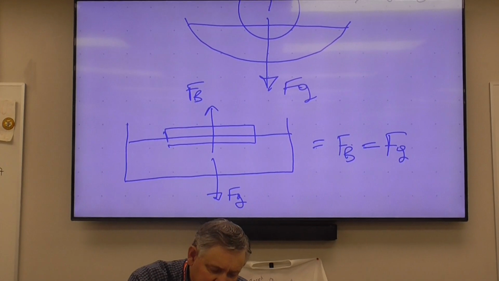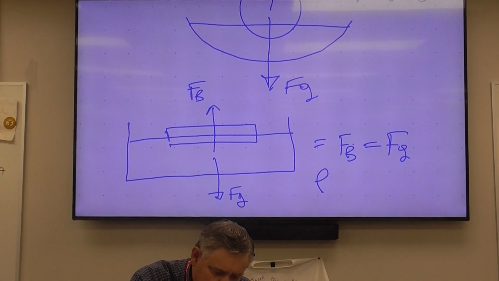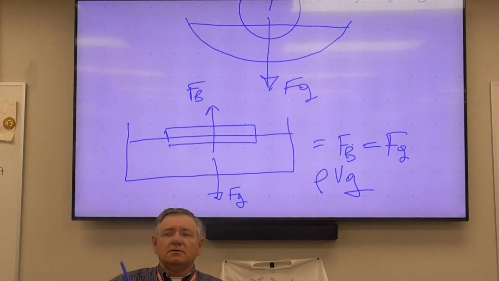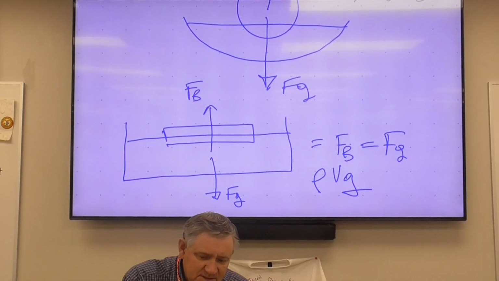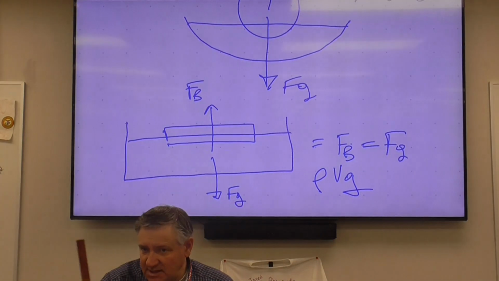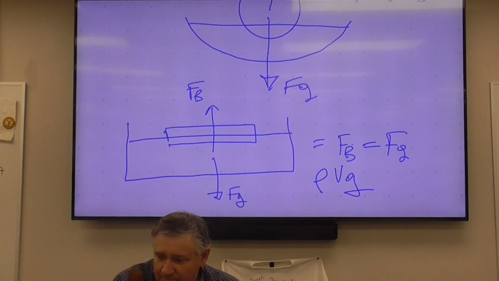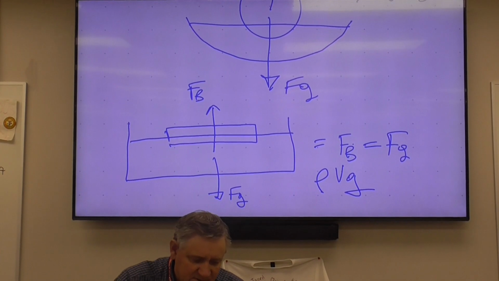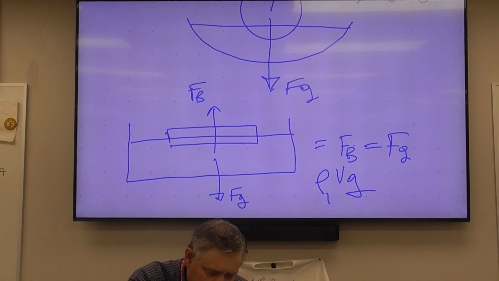Now, the buoyancy force is going to be rho V g. On the buoyancy side, do I use the density of the wood or do I use the density of water? Water. Okay, cool.